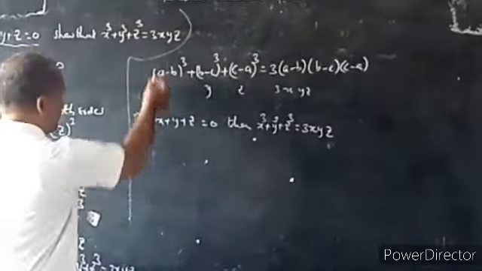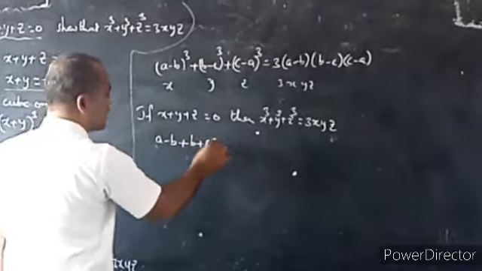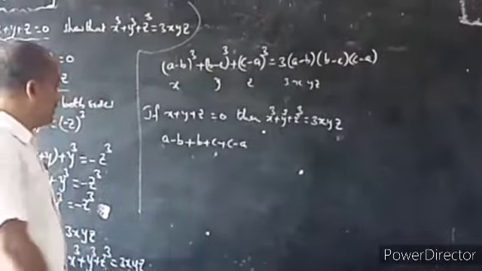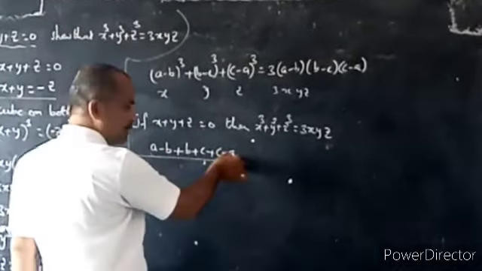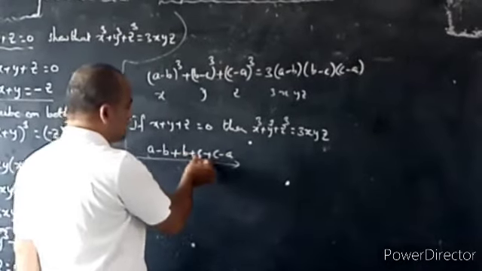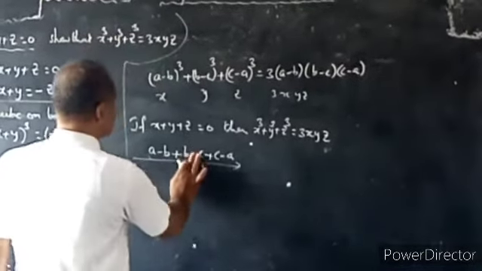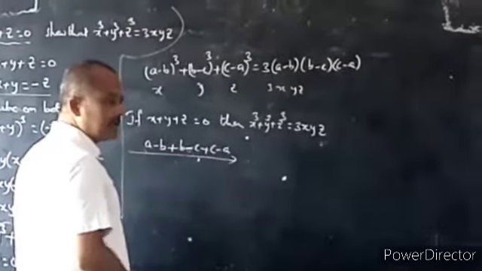See, x means a minus b, y is b minus c, and z is c minus a. What is the total of these? a minus a is 0, minus b plus b is 0, minus c plus c is also 0.